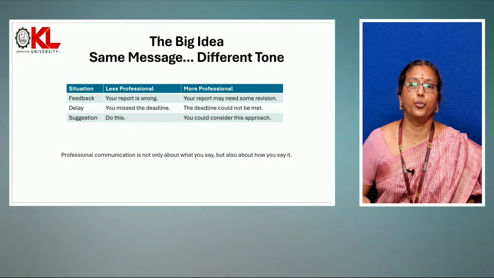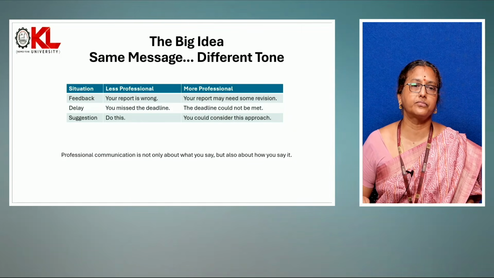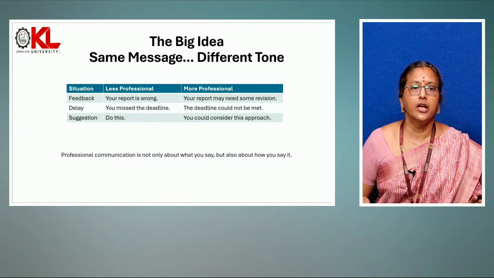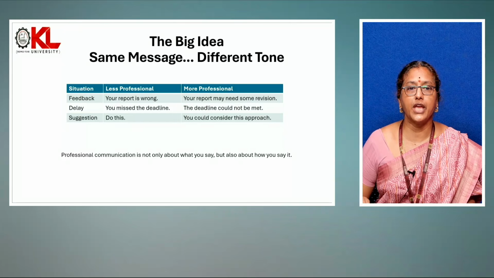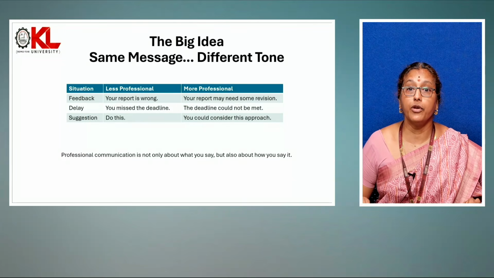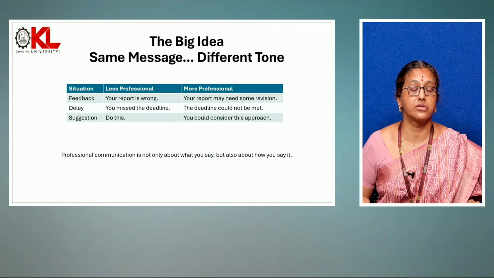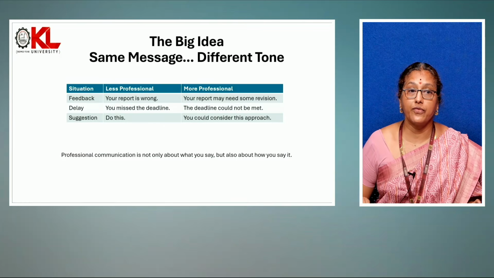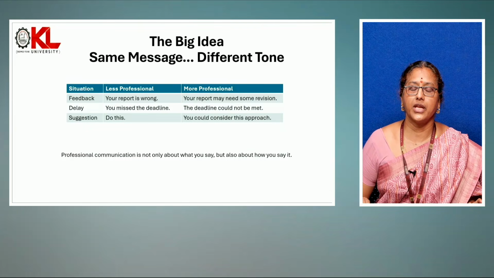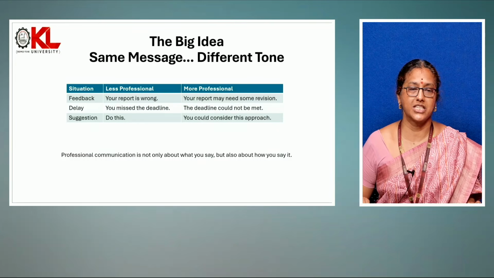Now, the big idea, same message, different tone. For example, in a situation like where you are giving a feedback, instead of saying your report is wrong, you could rather say your report may need some revision. In a situation where people miss a deadline, instead of saying you missed the deadline, better say the deadline could not be met.